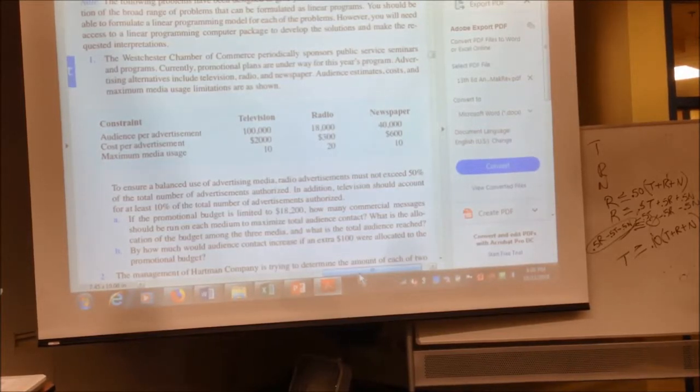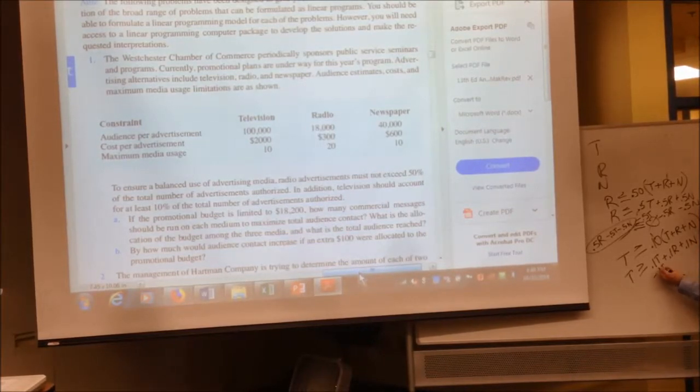You solve this one the exact same way I just did the other one. The only difference is you have a greater than equal, I'm going to multiply the 10% times each variable. T is greater than or equal 0.1 T plus 0.1 R plus 0.1 N. And now I'm subtracting 0.1 of each variable from both sides.